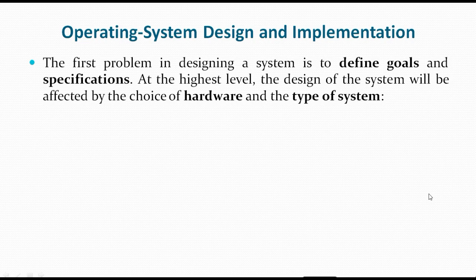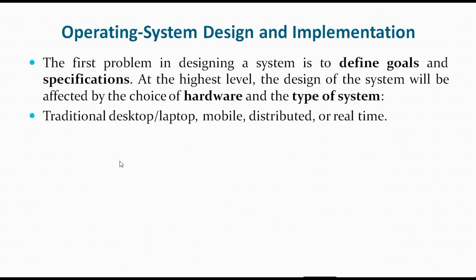So whether the system is a batch processing system, a time shared system, a real time operating system, a multi-user operating system, or a general purpose operating system, that shows the types of system.